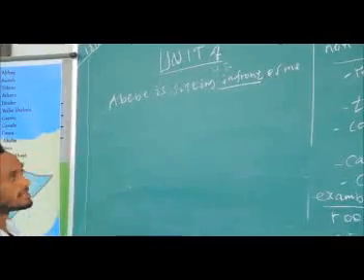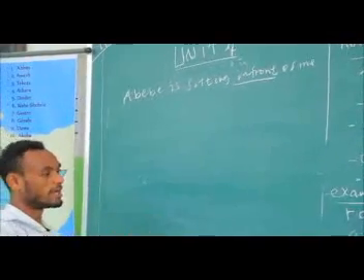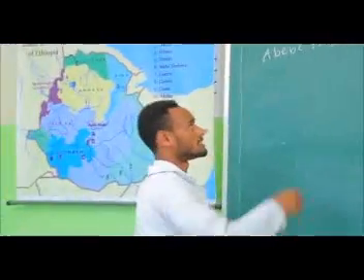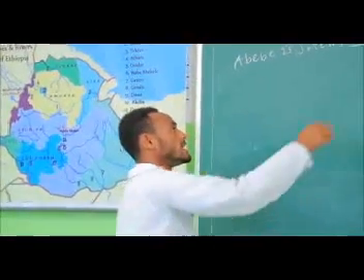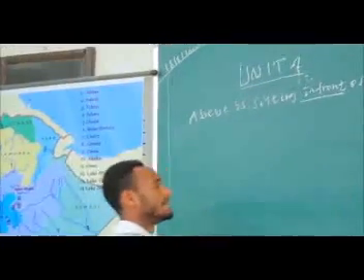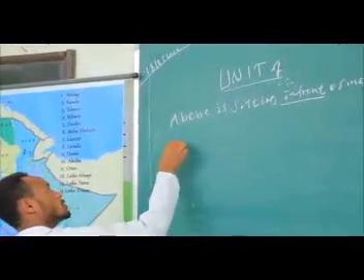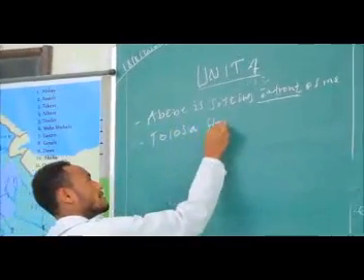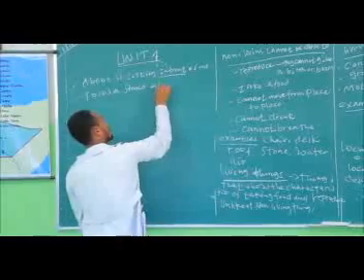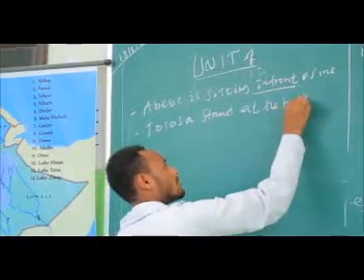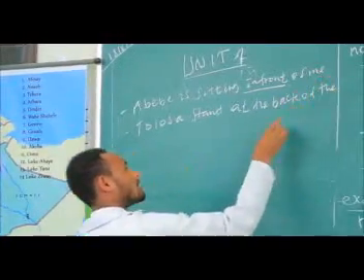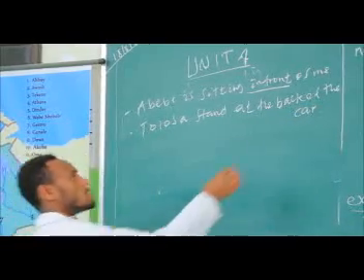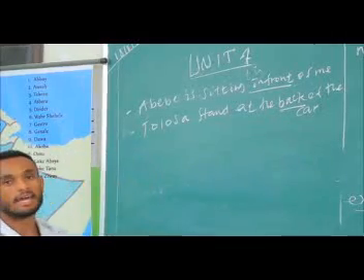You see, students, this is the way by which we locate or describe a given object. So Abebe is sitting in front of me. The second one is, for example, Tolosa stands at the back of the car. This is the way by which we locate a given object.